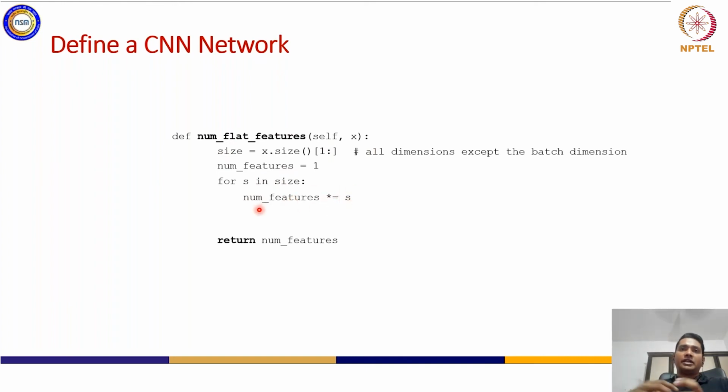So ignoring the 16 batch size, you take 16, 5, 5, iterate through them as 16 into 5 into 5, and return this number. This use of slices is very handy in flattening the features.